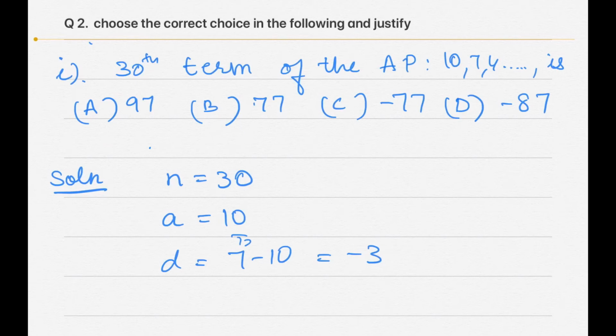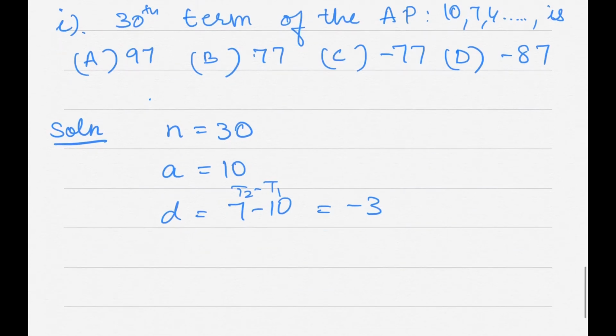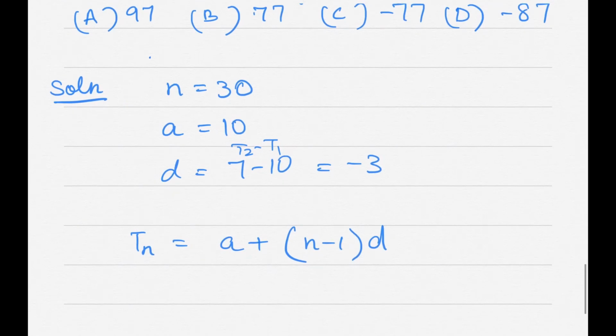Now I have to find out Tn, or sometimes they will write An. So maybe I would write Tn is equal to A plus n minus 1 into D. So let me substitute the values. A is equal to 10 and n is 30 minus 1, D is equal to minus 3. I would write in brackets so that there is no confusion, right?